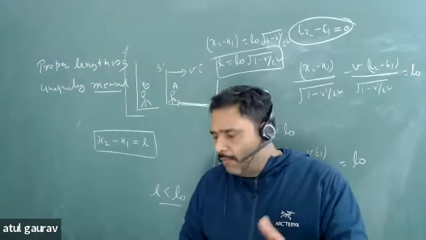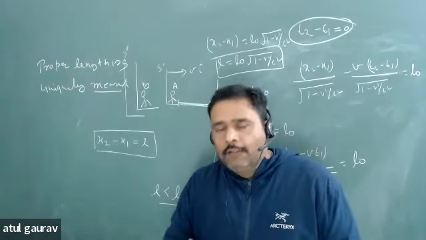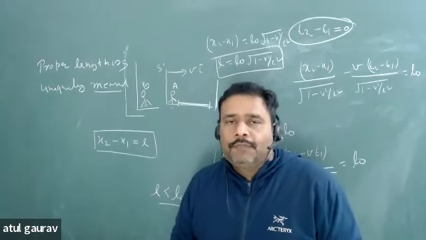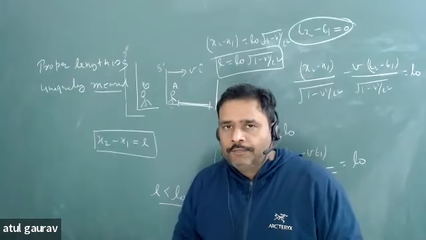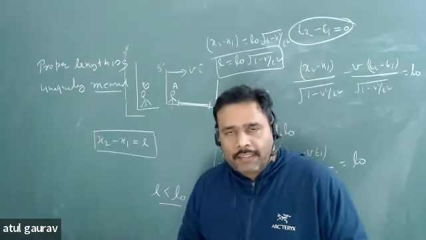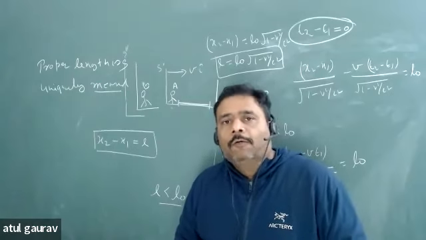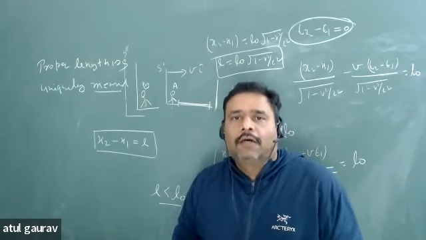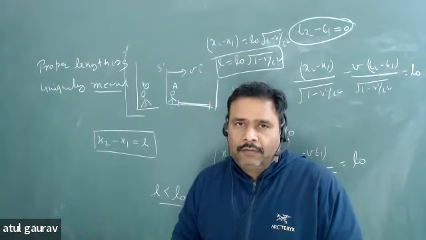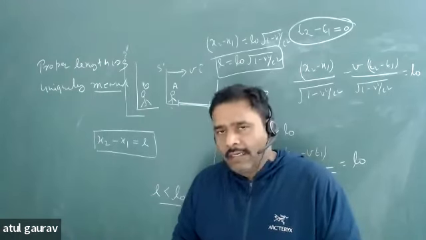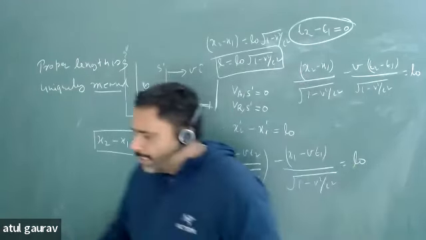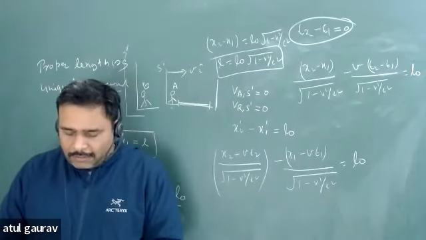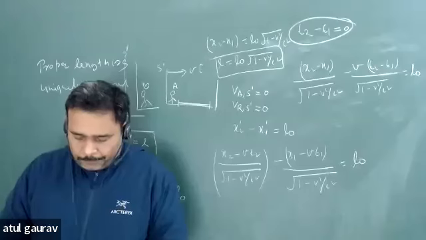We will solve one problem and then you will see how we can use this concept of length contraction. So yes, one liner for length contraction is all about: a moving rod appears shorter or contracted. And this is very important. Okay, so let's try to go for one problem. But before that, if you have any doubt, you can raise your question.